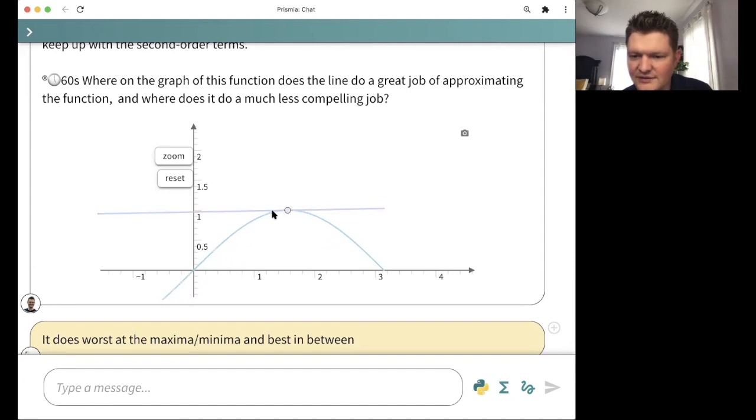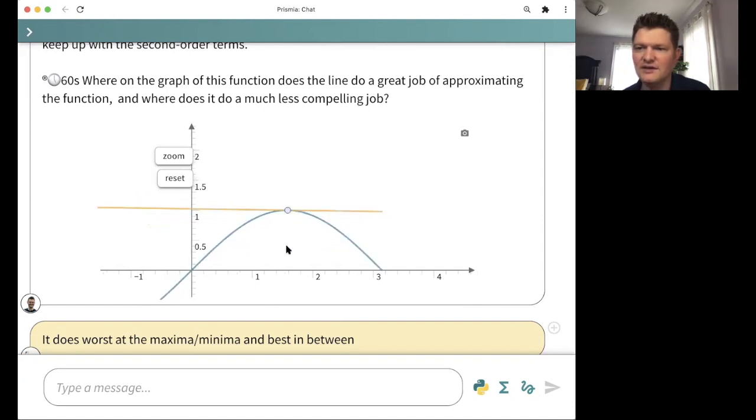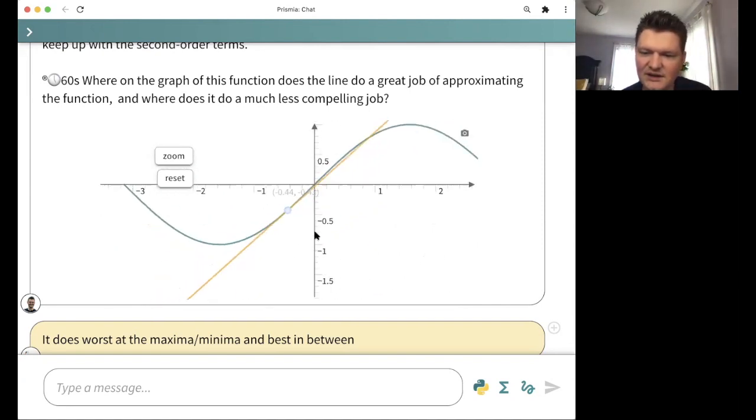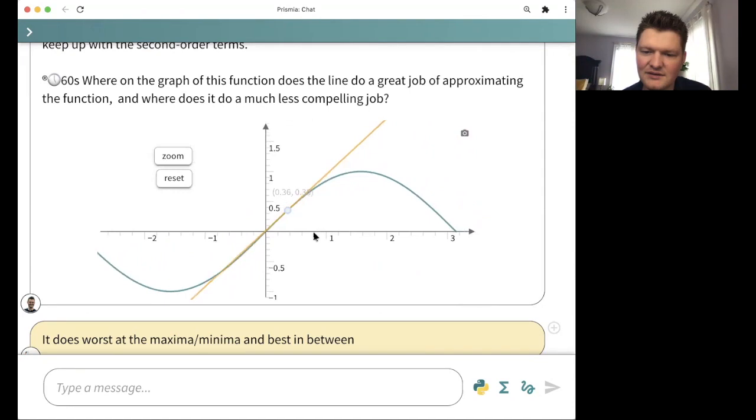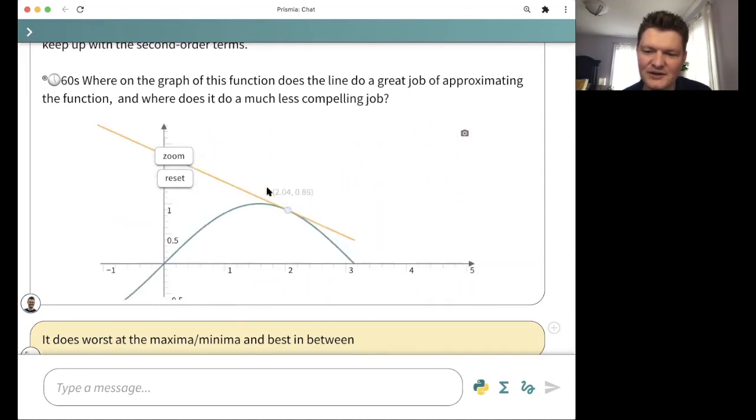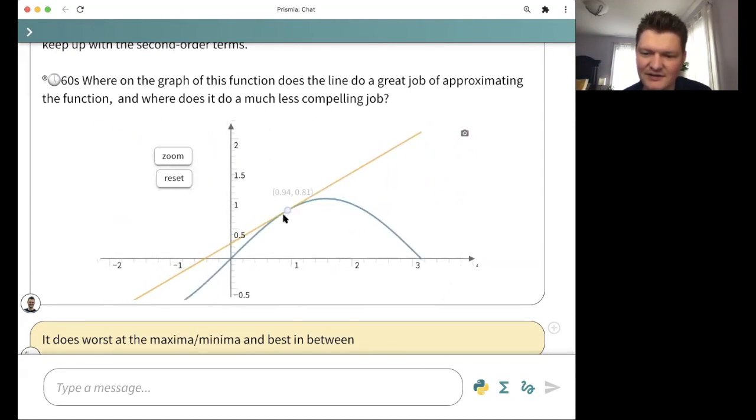And so we can see that you don't have to go very far away from 1.5 or 1.6, whatever this value is. You don't have to go very far left and right to start seeing some slivers of white in between the two graphs. Whereas if you put it here in the middle, and the reason this is a little hard to control is that the graph is constantly recentering.